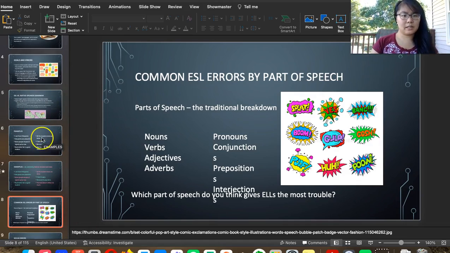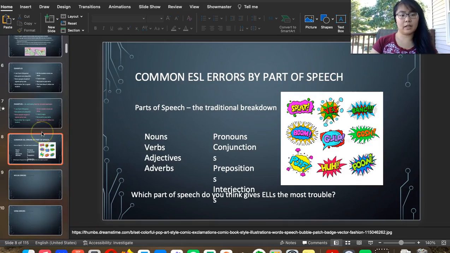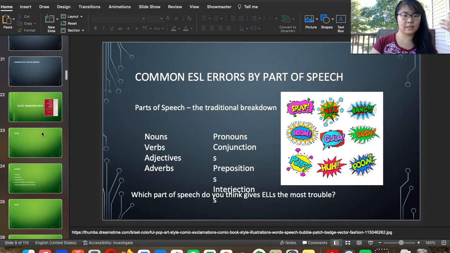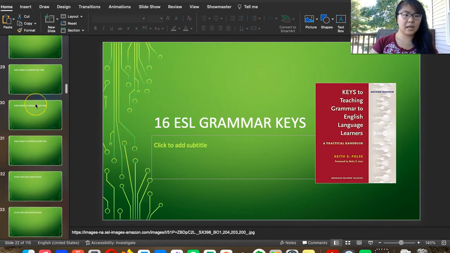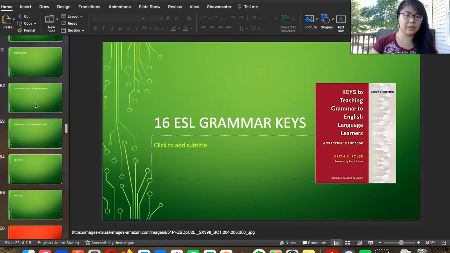And so as you can see, this is the basics. I still have to fill in a lot of these slides, and then we'll go into a series on the actual grammar keys that he talks about. It's good to understand these as a facilitator. So it's a deep dive into the structure of English, lots of slides.